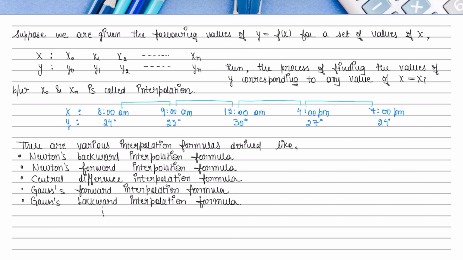For example, Newton's backward, forward, central difference, Gauss forward, Gauss backward, and many others. And one of the interpolating formulas is the Lagrange interpolation method. This method holds an advantage that it can be used to find the values of the function even when the arguments are not equally spaced, like we have seen in this example.